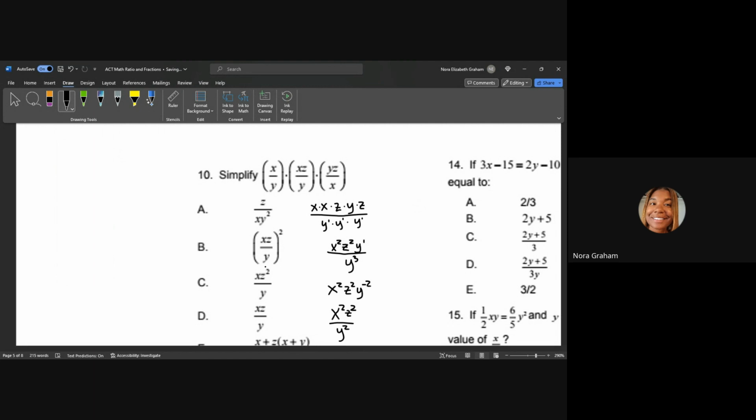Or actually, no. Y to the third. Am I missing a y? Nope, that's right. 1 minus 2. Oh, that's an x. That's why. My apologies. I knew it didn't look right. This is an x, not another y.